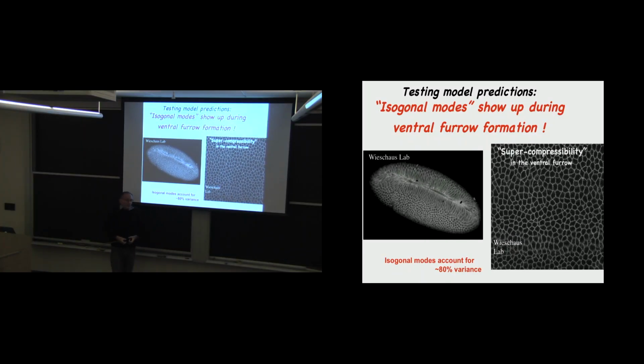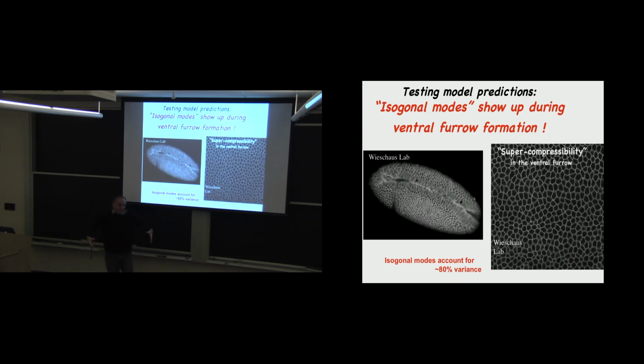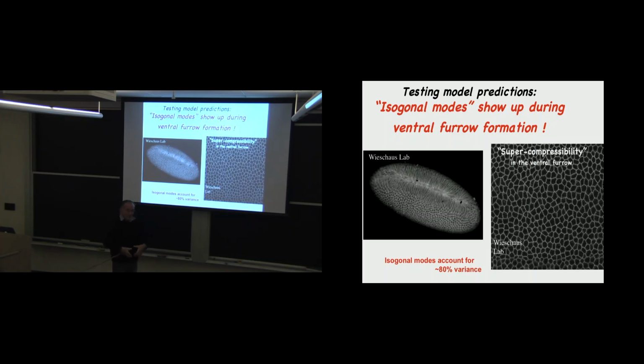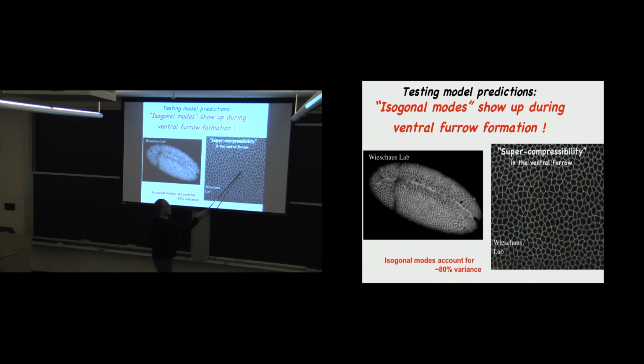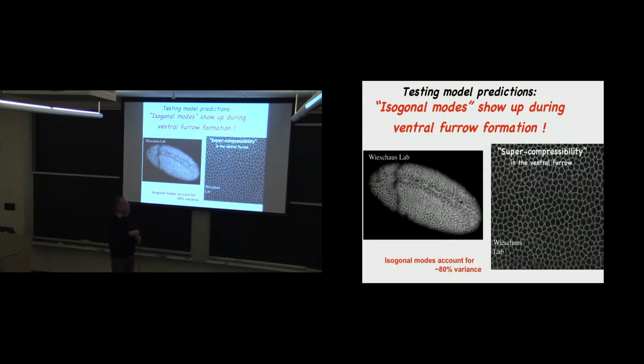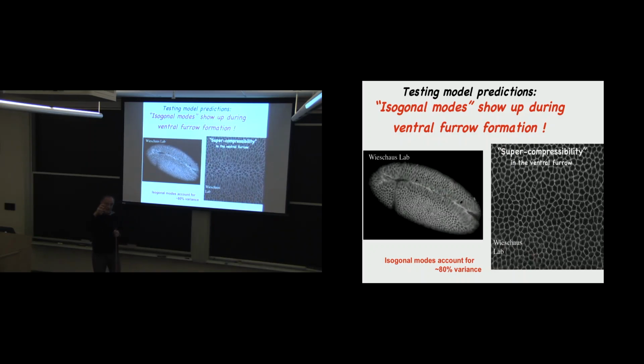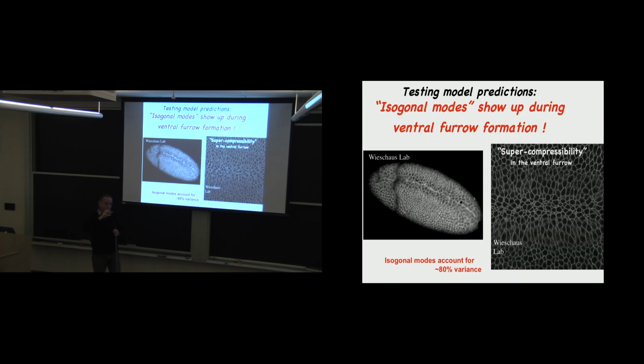The apical area of the cells is collapsing just before this whole what's called ventral furrow is formed and internalized. So it turns out that if you look more carefully at what these cells are doing and you look at the angles, you can describe much of the variance contained in that deformation just in terms of these isogonal modes.